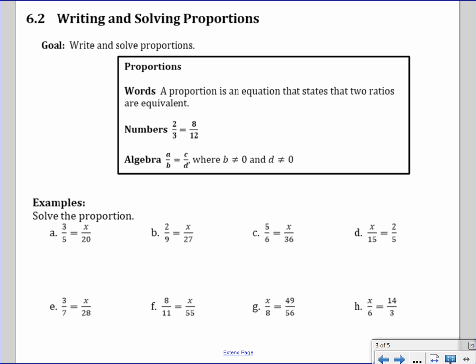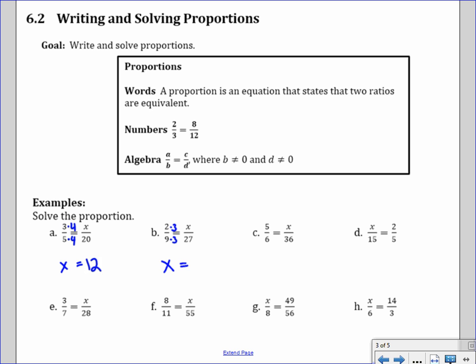Here are some examples. If I'm going to solve this proportion, I know that 5 times 4 is equal to 20. So if I take the 3 times 4, I find out that x is equal to 12. B, since 9 times 3 is equal to 27, then 2 times 3 will be equal to x.